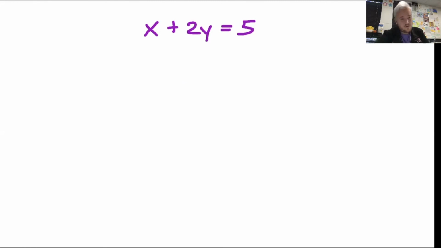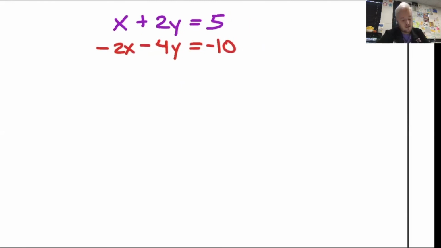Let's do negative 2x minus 4y is negative 10. All right, so let's just kind of go over this problem instead. Kind of just making this one up as I go. I'm hoping this works. Thoughts and prayers.